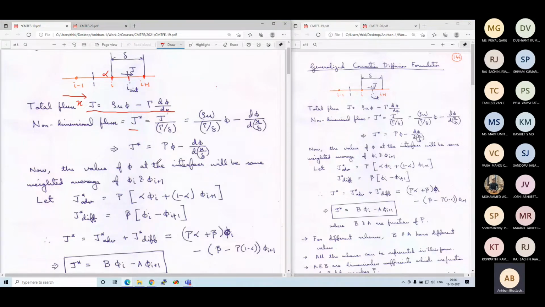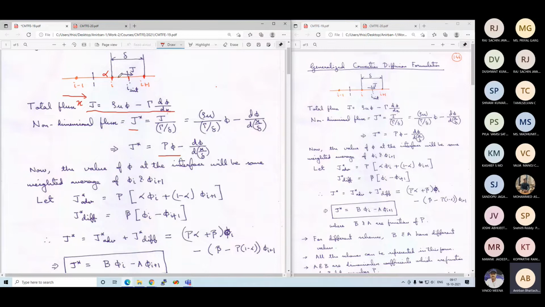And so I can write this advective term flux as P into this phi I will write as alpha phi I plus 1 minus alpha phi I plus 1. Similarly, the diffusive flux, diffusion is based on the difference of two values, right? So diffusion occurs due to difference. If the two values I and I plus 1 are equal, then there will not be any diffusion.